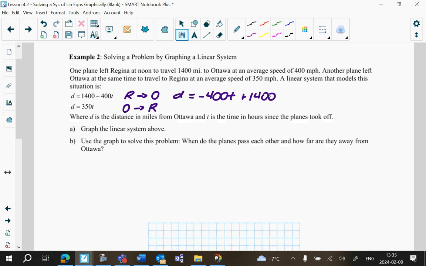So here, the y-intercept, although technically it's called the d-intercept, would be 1,400, and the slope would be negative 400 over 1. With this one, the y-intercept would be 0, and the slope would be 350 over 1.